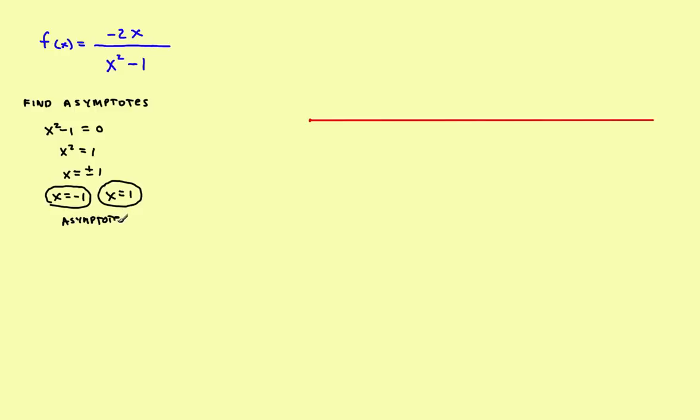Now, just like in the previous problems, you don't have to sketch a graph, but I think all these things make a lot more sense if you do take the time to sketch a graph. So what I'm going to do is go here and put these points on the graph. So what I'll have here is a negative 1. I'll go ahead and put that about right here. Now what I've got here is an asymptote. So I'm going to go ahead and put a dotted line to represent the asymptote right through negative 1.